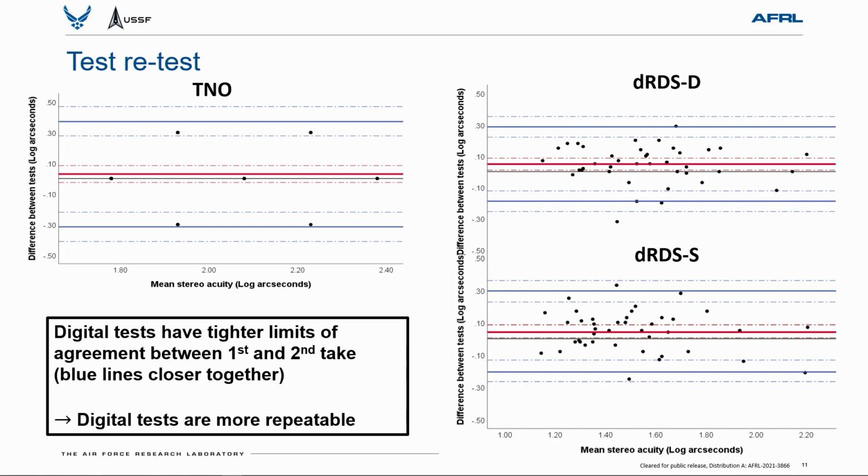And to put that into context, if someone scores 120 arc seconds on the TNO test, their true stereo acuity as measured by the digital tests can vary anything from between better than 60 arc seconds to worse than 280 arc seconds. So it's not giving you an accurate measurement of what that individual's true stereo acuity is.